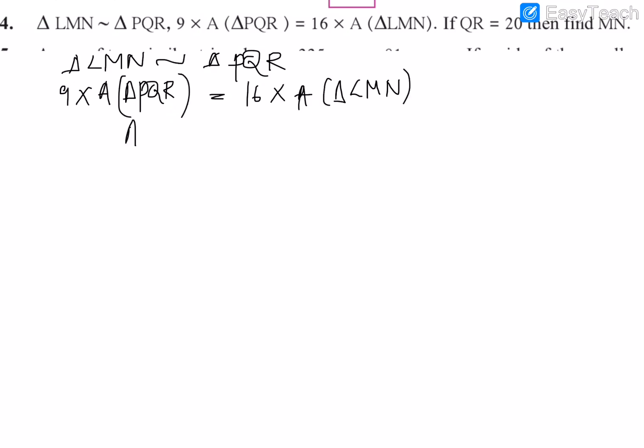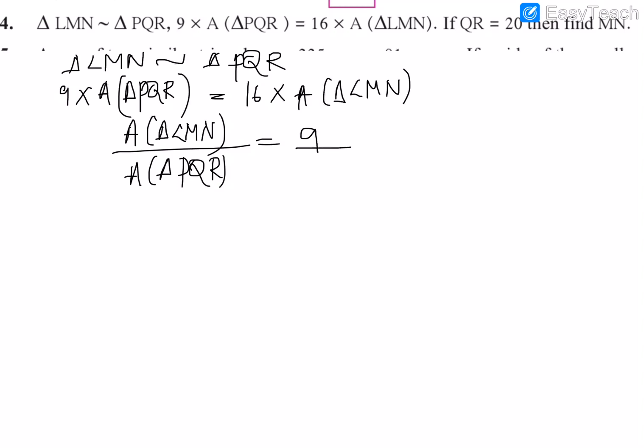So this equation we can write as area of the triangle LMN by area of the triangle PQR. I am keeping the first triangle in the numerator and the second triangle, PQR, in the denominator. 9 remains here, and 16 goes to the other side, so it becomes divided by 16.